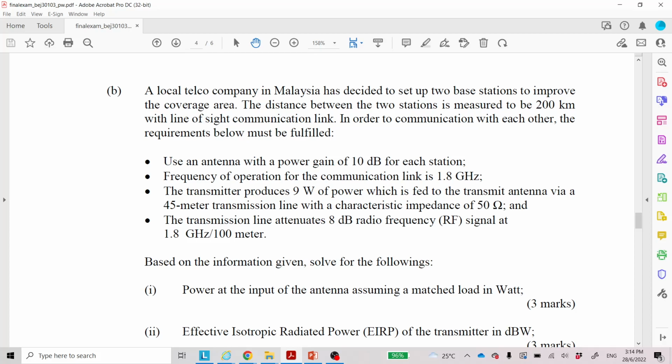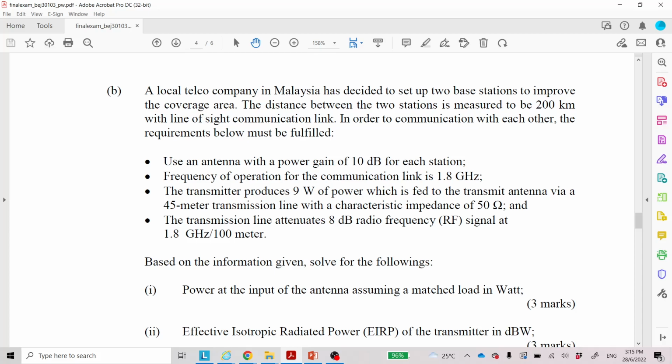The transmitter produces 9 watt of power, which is fed to the transmit antenna via a 45 meter transmission line with characteristic impedance of 50 ohm. So the transmitter produces 9 watt of power, this is PT, power from the transmitter.